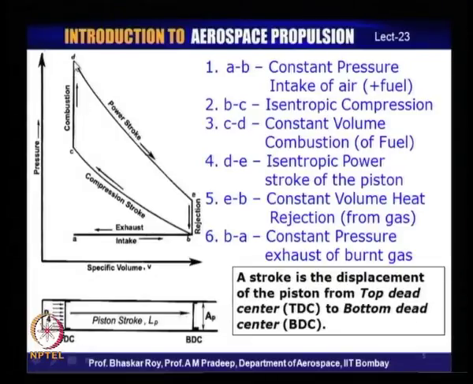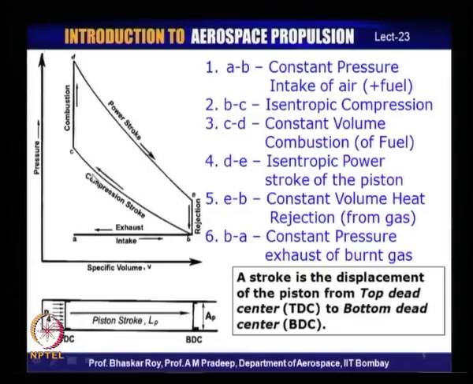At the end of the combustion, we have the power stroke or expansion thermodynamically, and this is again an isentropic process, which means the process undergoes no change in the entropy, which essentially means that the process is adiabatic, and no losses are occurring during this process.